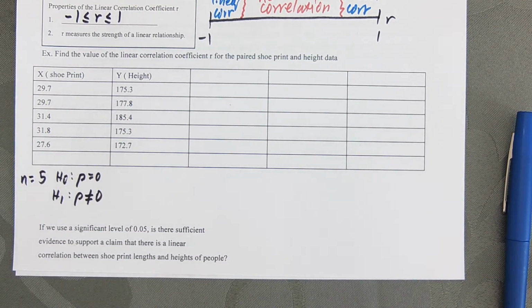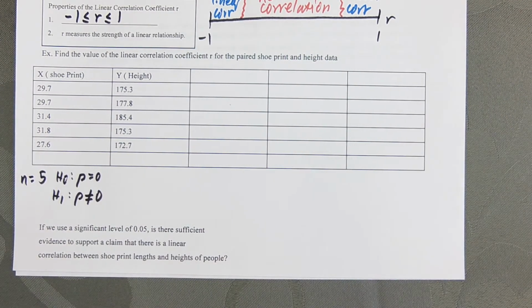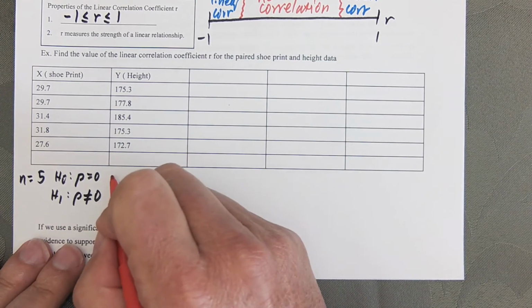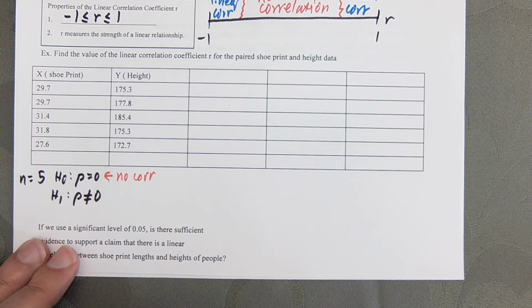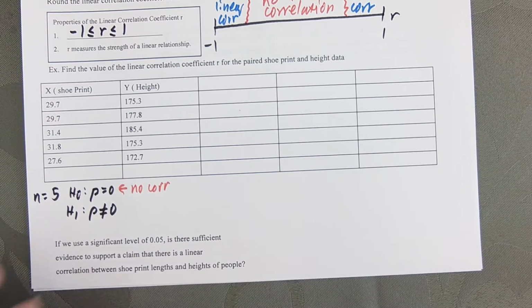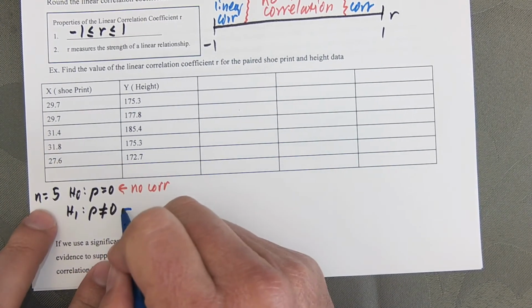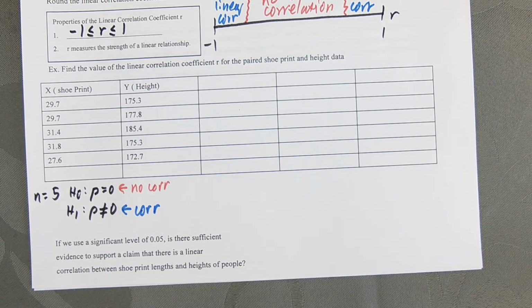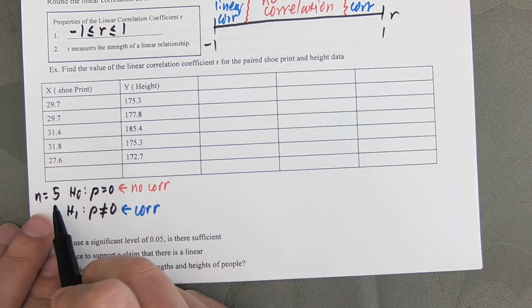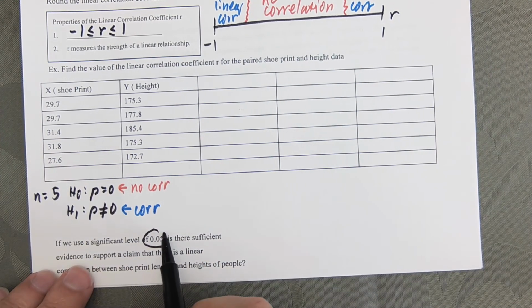And this means no correlation versus a correlation, linear correlations. And what we will do is set up our boundaries. Now you see that n is 5 and we have alpha is 0.05.